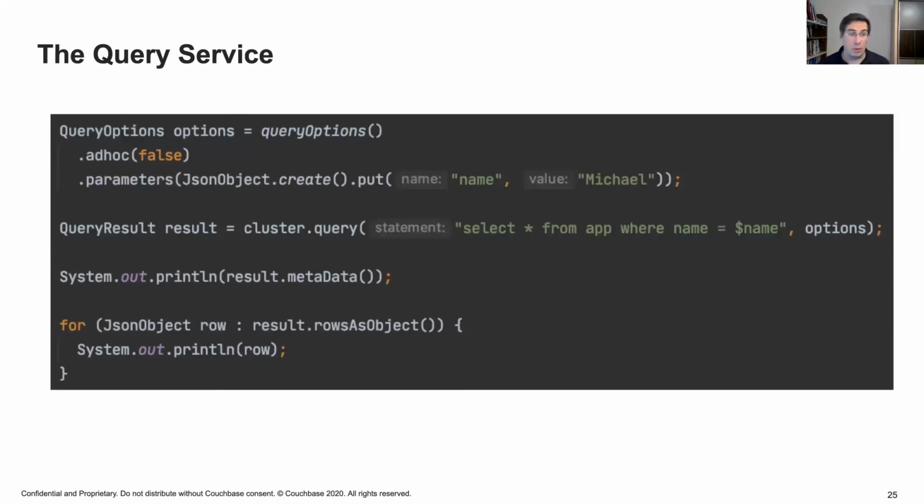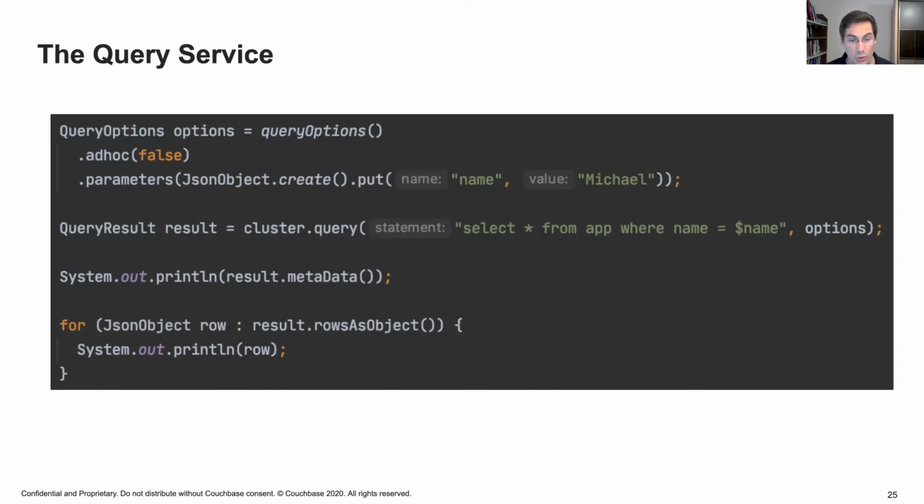So how do we perform a Nickel query? At the cluster level, the Nickel query needs a mandatory statement and options. So here we have a Nickel statement, which does select stuff from app where name equals $name. And you can see that the API is very similar to what you find in relational databases. So you can use named parameters, you can use positional parameters.